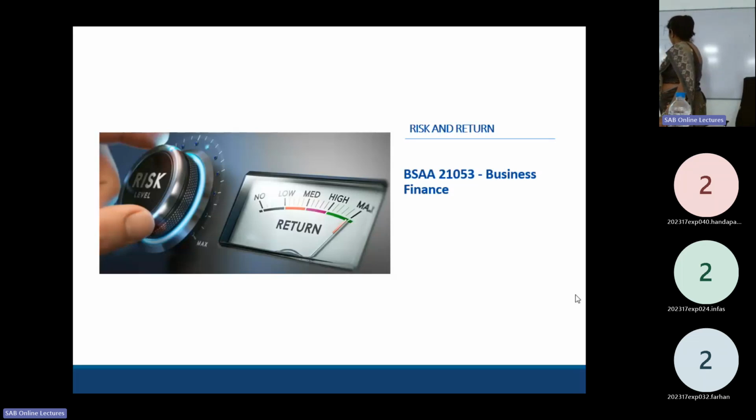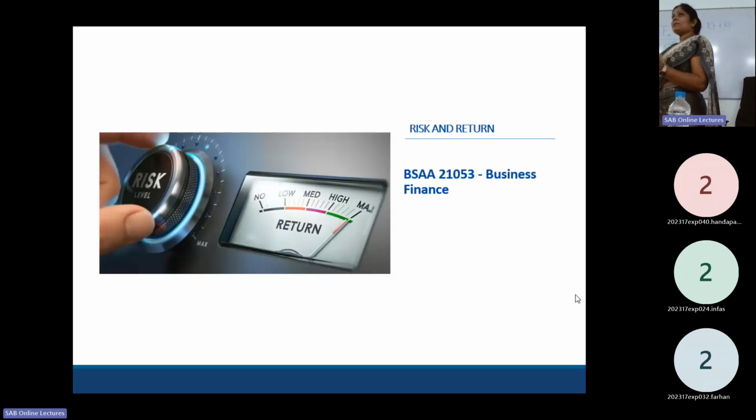So now, in order to maximize value, you should know what our discount factor is. What is our required rate of return? Now, the required rate of return is equal to the risk-free rate of return plus a risk premium.